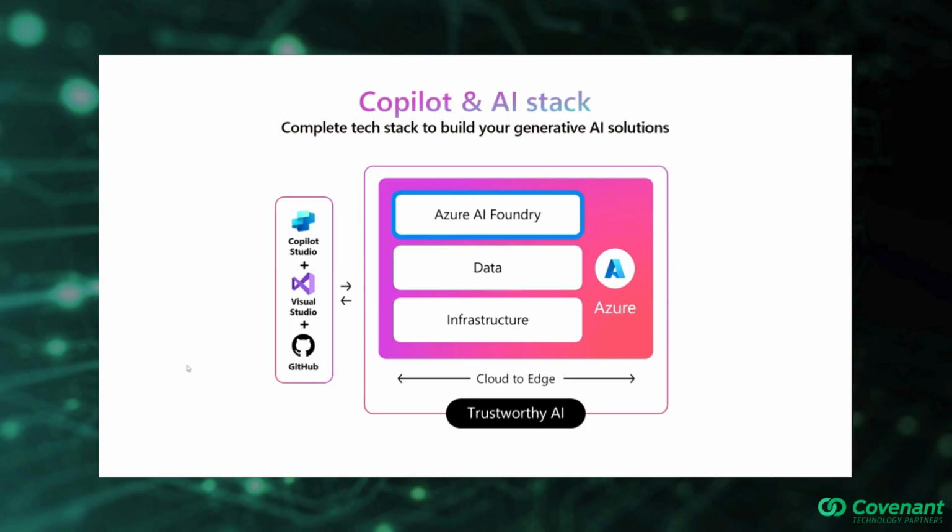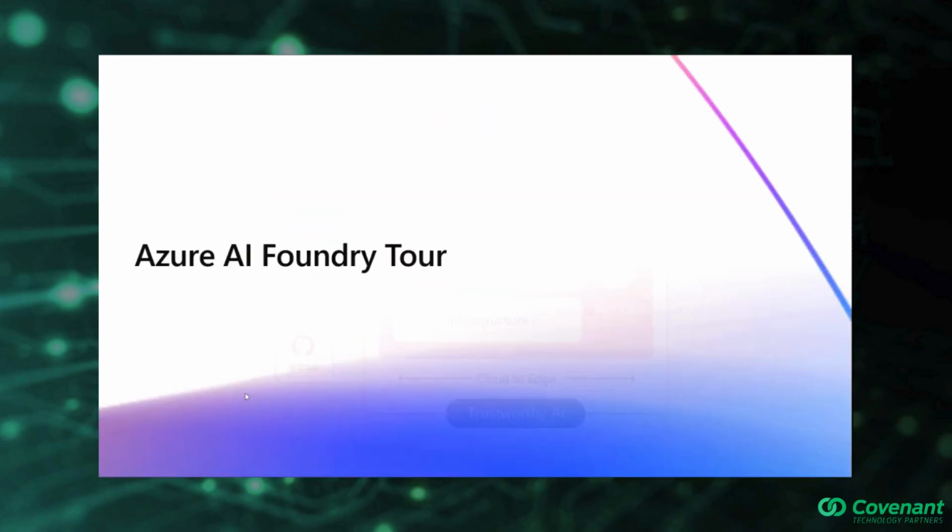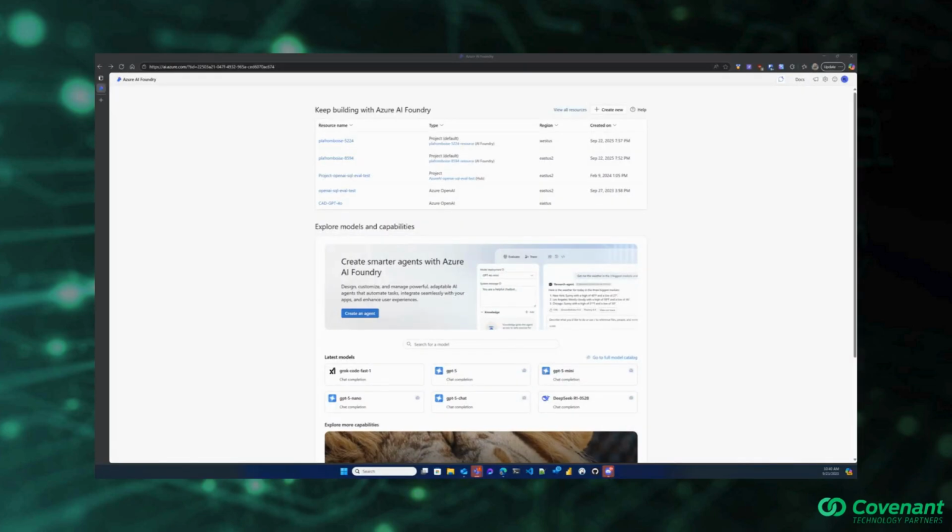You may also want to do more of a custom solution, say it's built into your website or something like that, using Visual Studio and having some level of an API endpoint for Azure AI Foundry. But it's not an either or at all. It's really going to be a mix of these solutions based on what you're trying to accomplish. And I think the next, yeah, we'll move into the tour here.